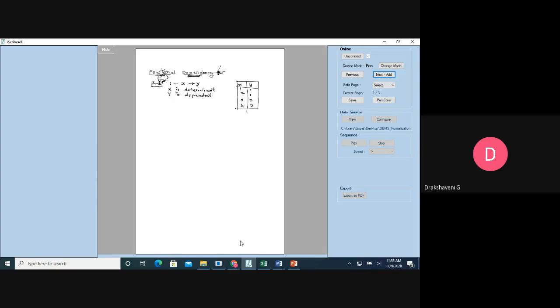So if I say X is functionally dependent on Y, what do we say? We say X is functionally dependent on Y. Suppose let me ask, what's the USN number of Rashmi? 1BY19MCA10.